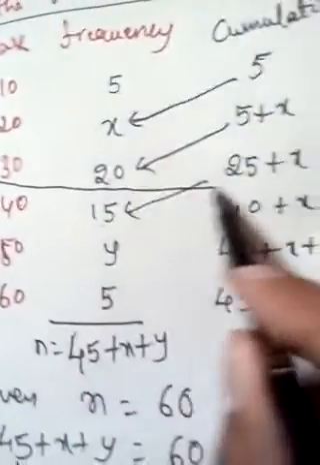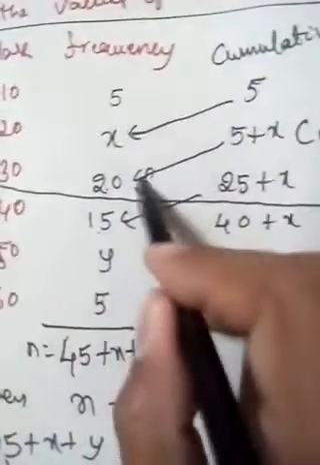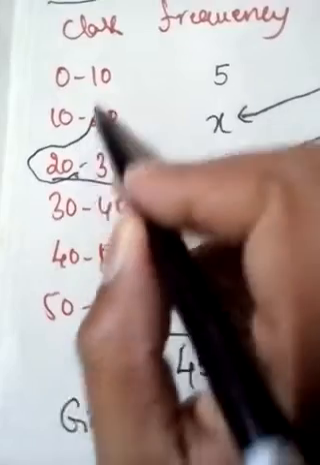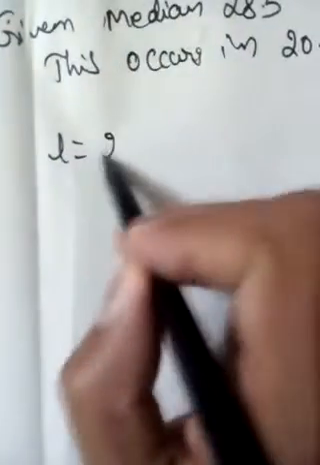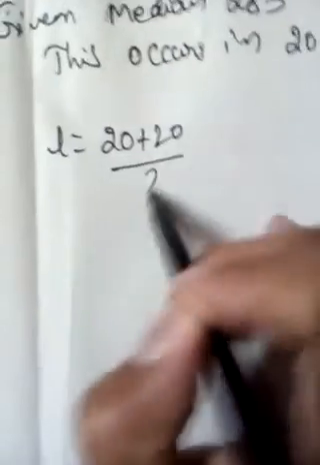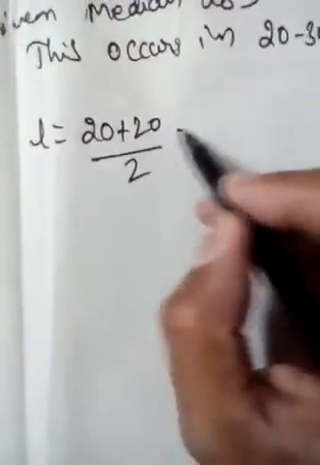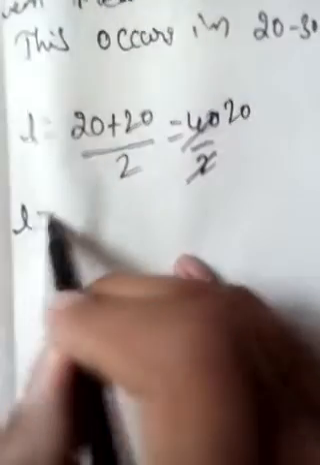From this we know the median class, its CF, its F, the median class frequency, and L. For L we add these two, 20 plus 20, and divide by 2, which is 40 by 2. So L is equal to 20.